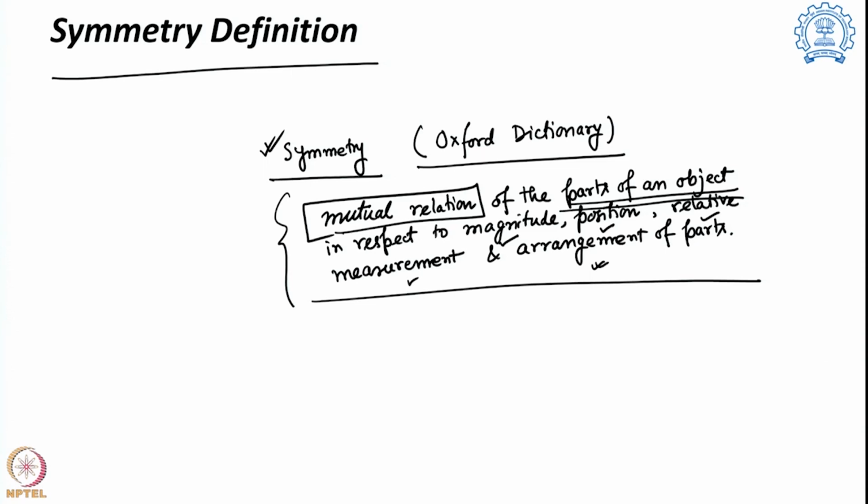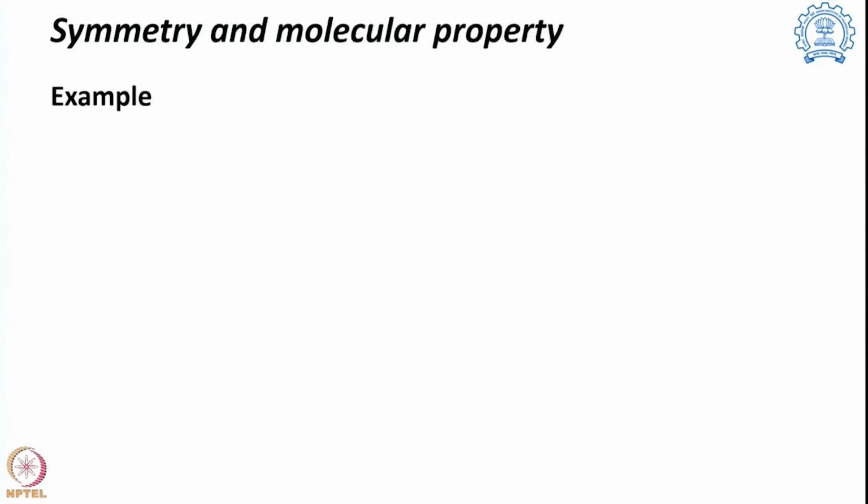We understand that yes, the shape and symmetry can affect the energy, but how does it come into a chemical molecule? For that we will take another example, one of the very common molecules that we are all aware of, benzene.